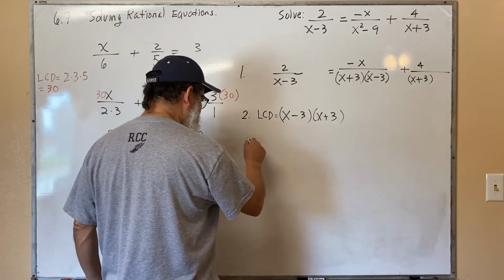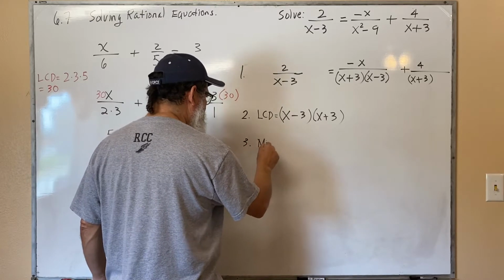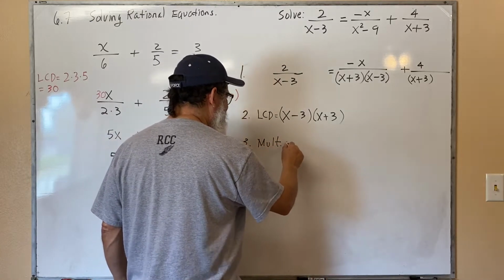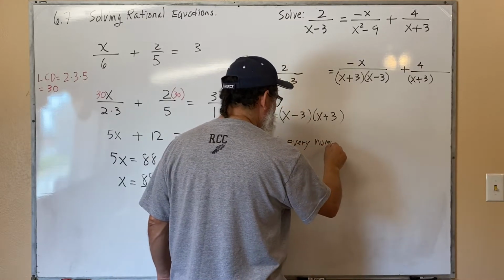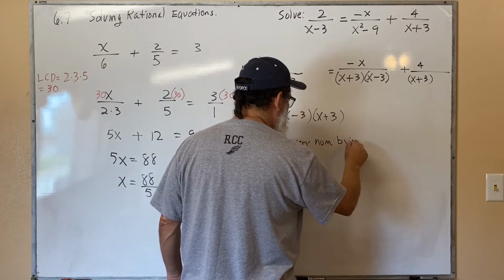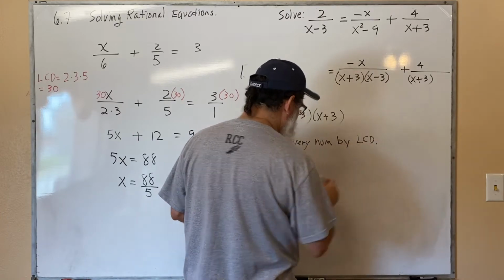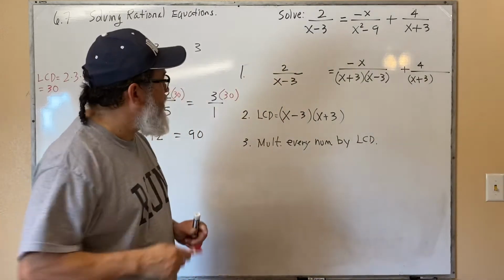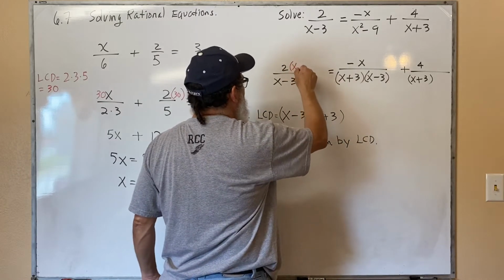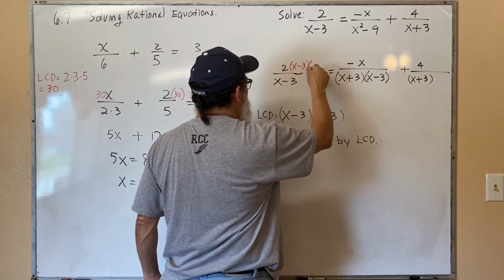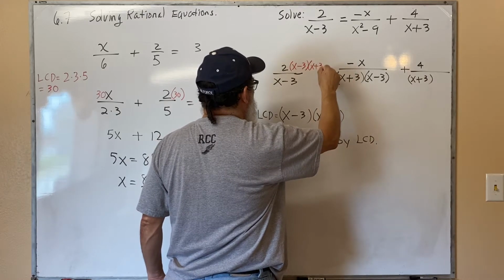Step 3. Multiply every numerator by the LCD, x minus 3 times x plus 3.